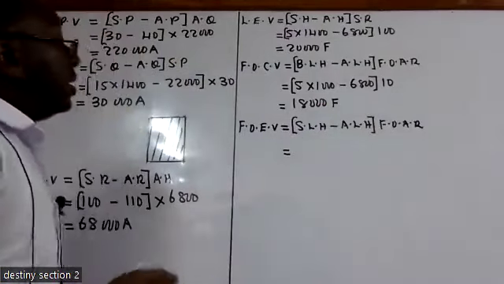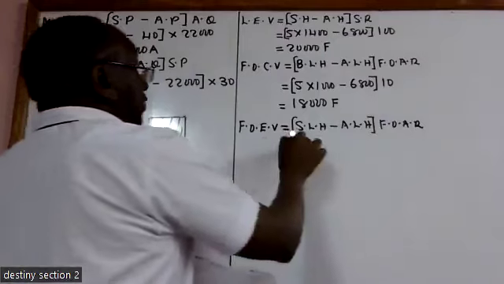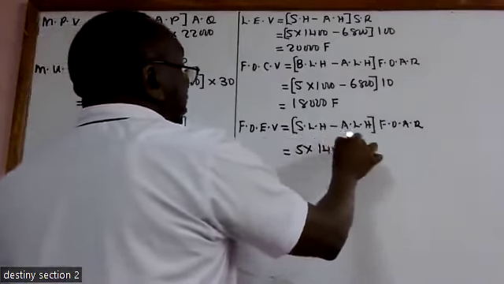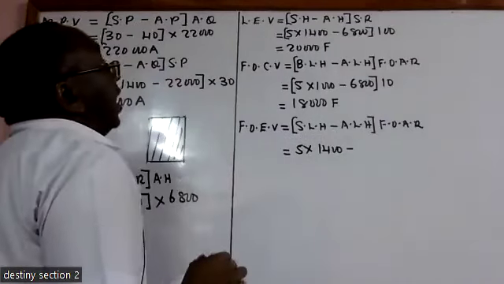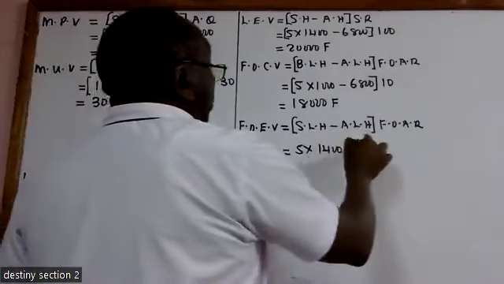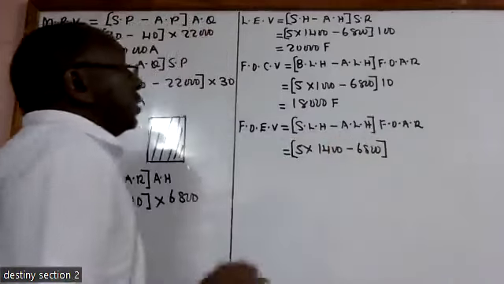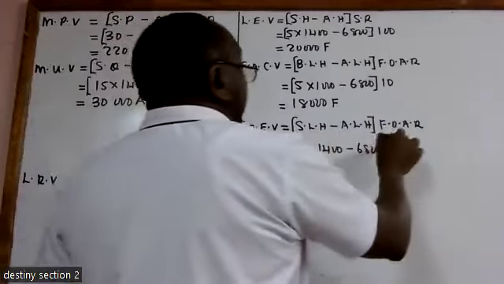So here, the standard was 5 multiplied by 1,400, minus the actual of 6,800, times 10.